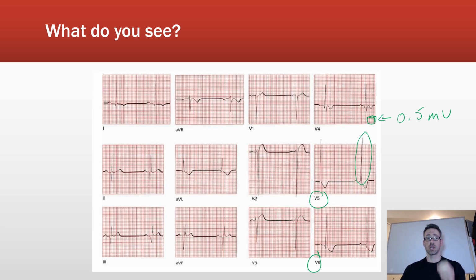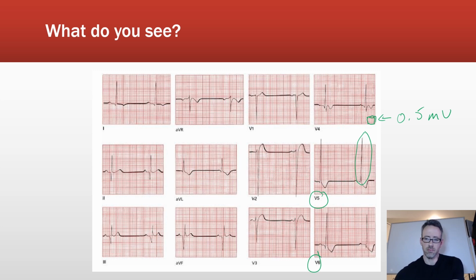But sometimes, and you've got to check the machines or the ECG paper, the calibration might have changed so that two large boxes may represent a half a millivolt instead of 1 large box. Therefore it might look like very large R waves, but in fact it's a change in the calibration. So just always check that first.